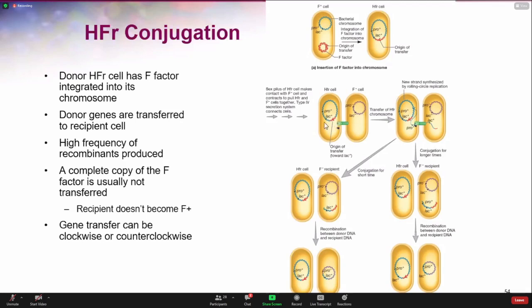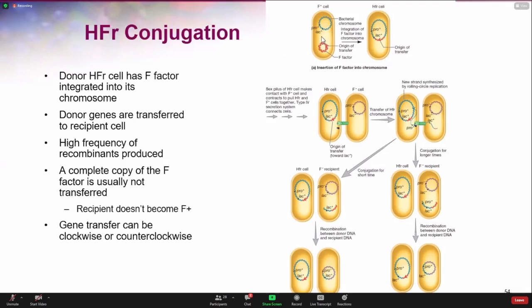It's going to begin to unravel the genomic DNA as well. So what's being transferred is essentially a portion of the F factor, but a lot of the genomic DNA from the bacterium as well. So the F factor generally goes into a region that corresponds to, in E.